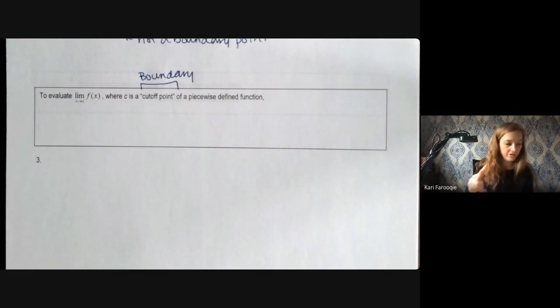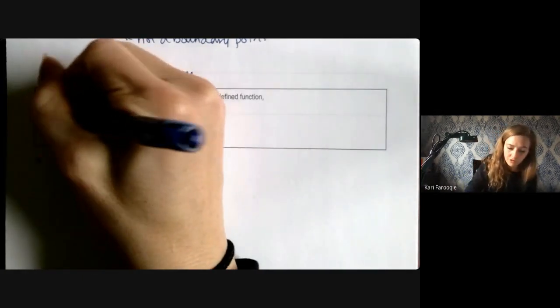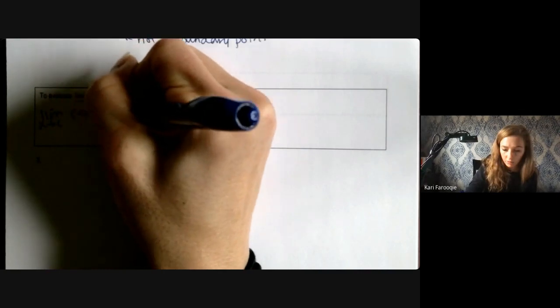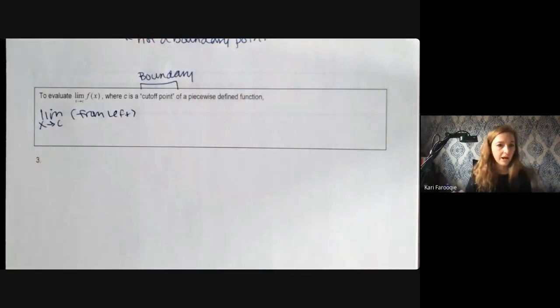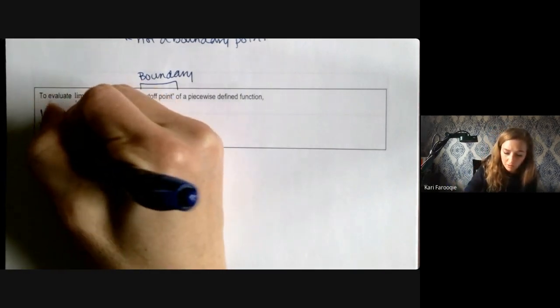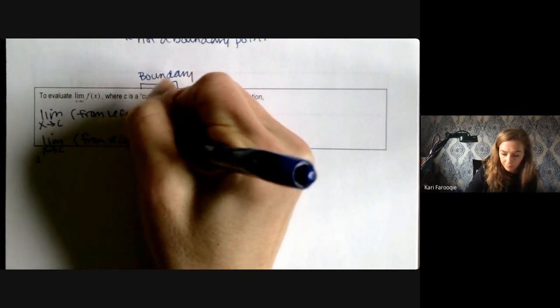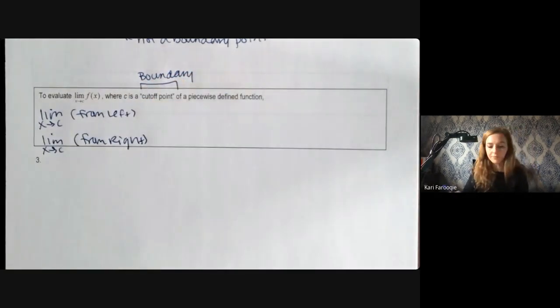So two things here. The first is the limit as x approaches c from the left. We're going to add some new notation for that next time. The second is the limit as x approaches c from the right. These two have to be equal in order for that number to be the limit.